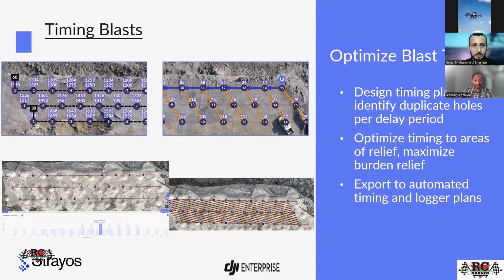So what we can do in the software, we can plan in multiple ways. We can change multiple ways before blasting. After designing, you can make multiple connections between the holes and rows, and simultaneously you can see what the throw direction is showing, what the burden is showing, and all these details you will find in the timing blast.